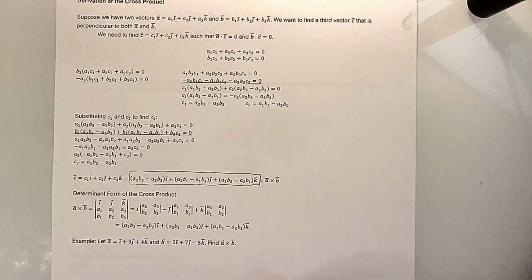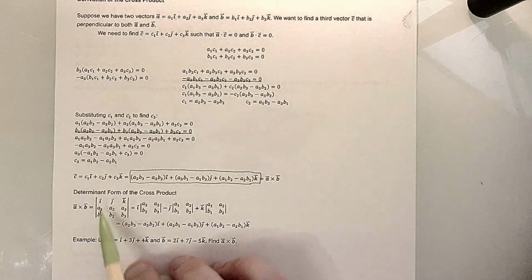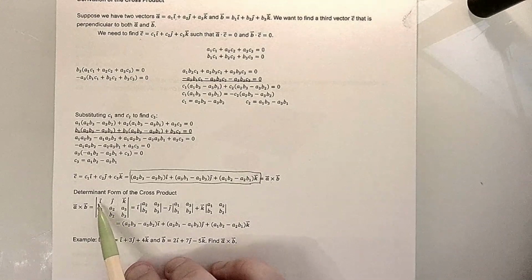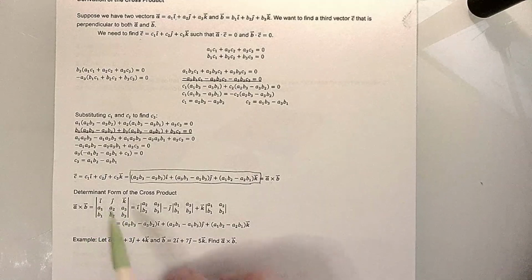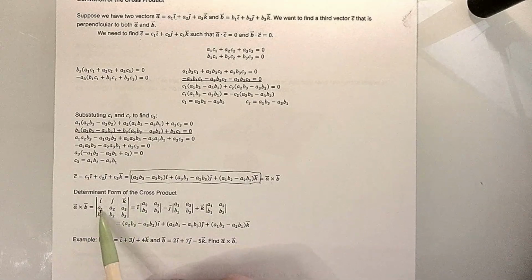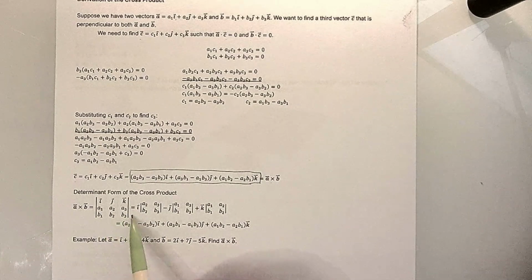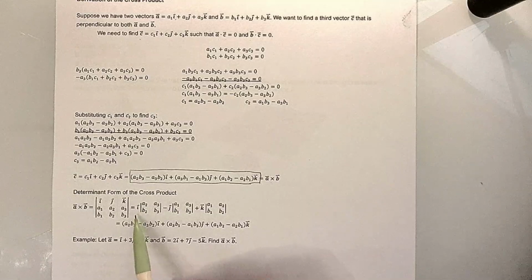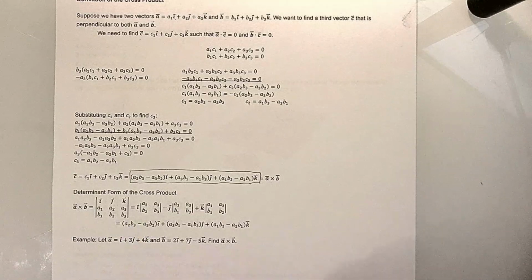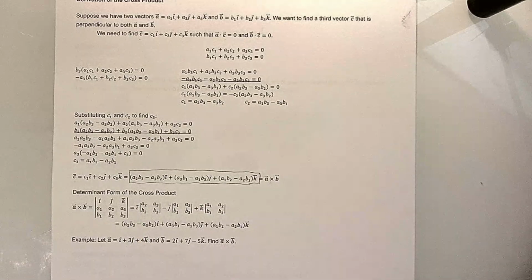So algebraically, we can set this up in a matrix. We set it up with the I, J, and K vectors across the first row, and then A1, A2, A3 as our A vector in the second row and our B vector in the third row. And when we work it out with our determinants, we can remember how we do determinants of a 3x3 matrix.